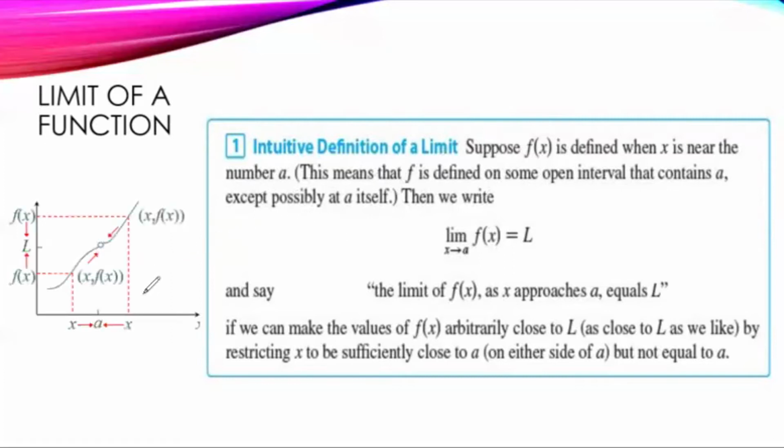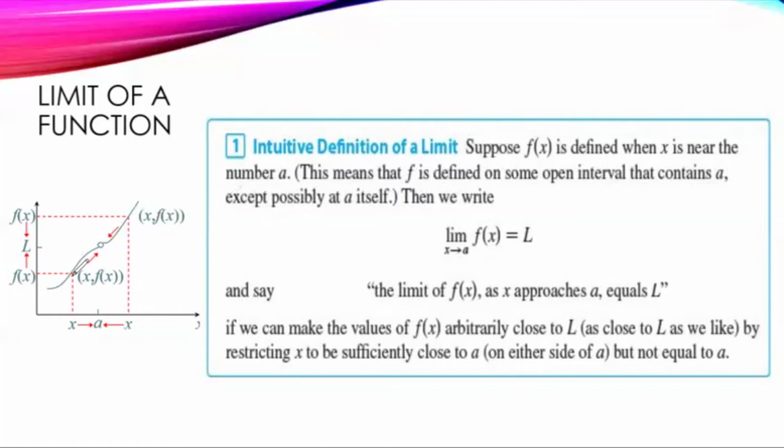Now look at this diagram. In the diagram, suppose we have the graph of y = f(x). Suppose this is the graph of the function f(x), which is defined on an open interval. This is the open interval that we are referring to.